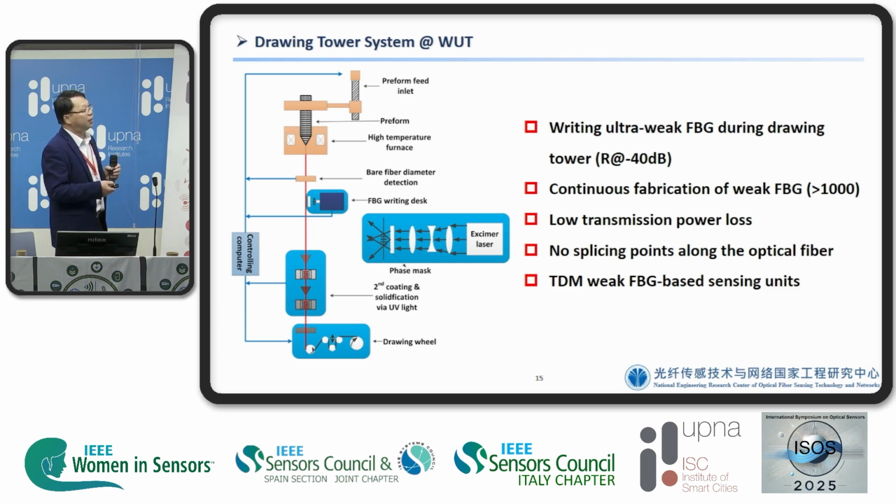So with such technologies, we have very continuous FBGs. But each FBG is very weak. It's a weak FBG. For example, reflectivity is normally 10 to the minus 4, even minus 5, minus 6. That is also possible. But this kind, you don't have the splicing point compared to the traditional FBGs.